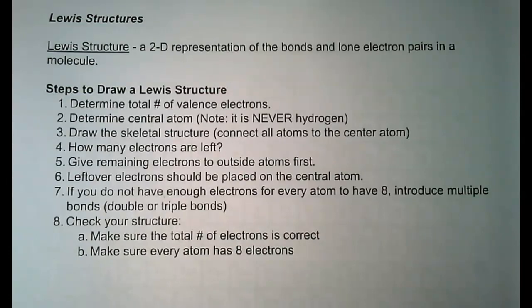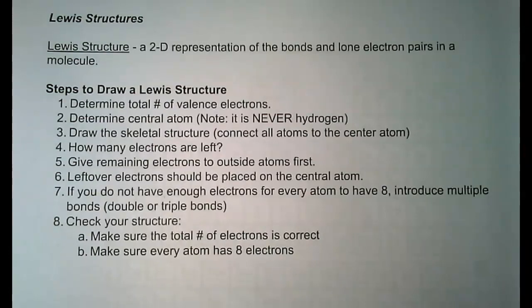So this is why we wind up with single, double, and triple bonds in our covalent molecules. It's because sometimes we don't have enough electrons to go around, so then atoms have to share more than one pair of electrons.